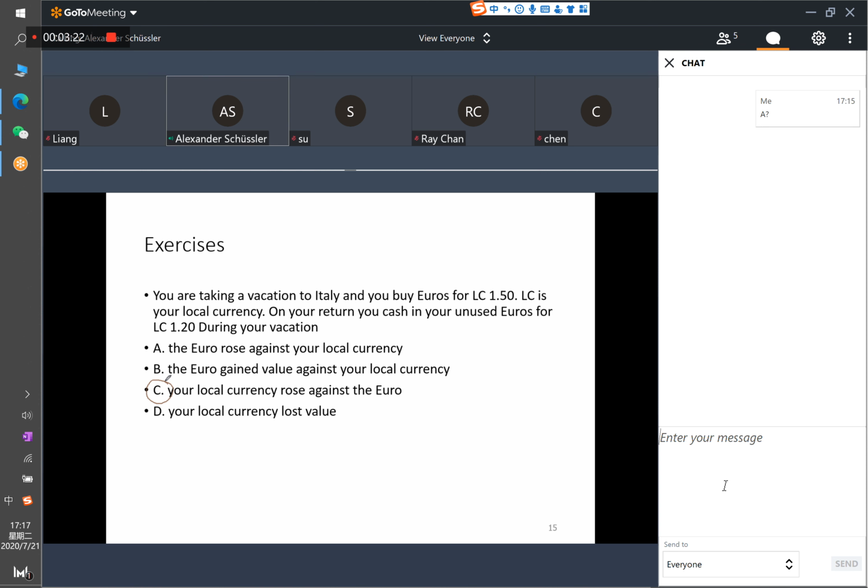Let me think about it again. You're taking a vacation to Italy and you buy euro for one local currency. On your return, you cash in your unused euro for local currency 120.